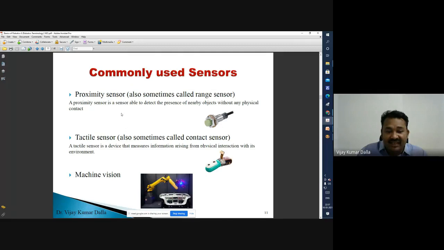If there is any obstacle in the workspace, it can detect it without touching. A tactile sensor is a device that measures information arising from physical interaction with its environment. For motion vision, you can see at the end of the robot there is a camera.